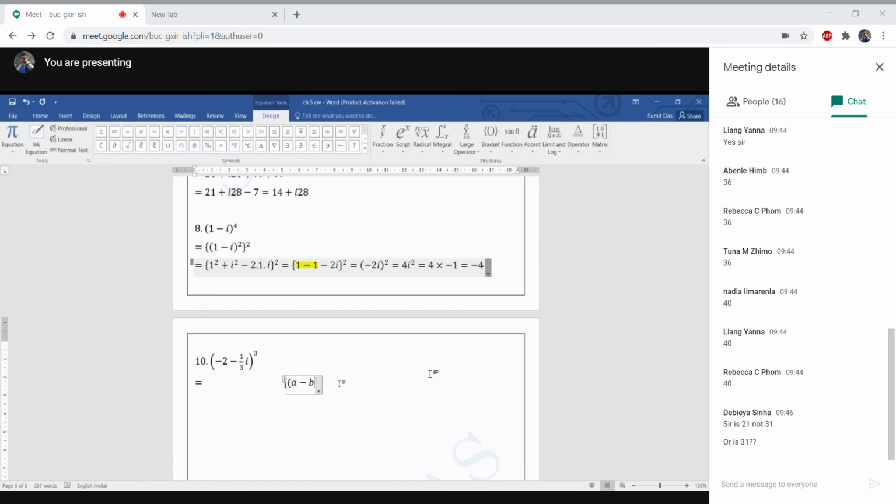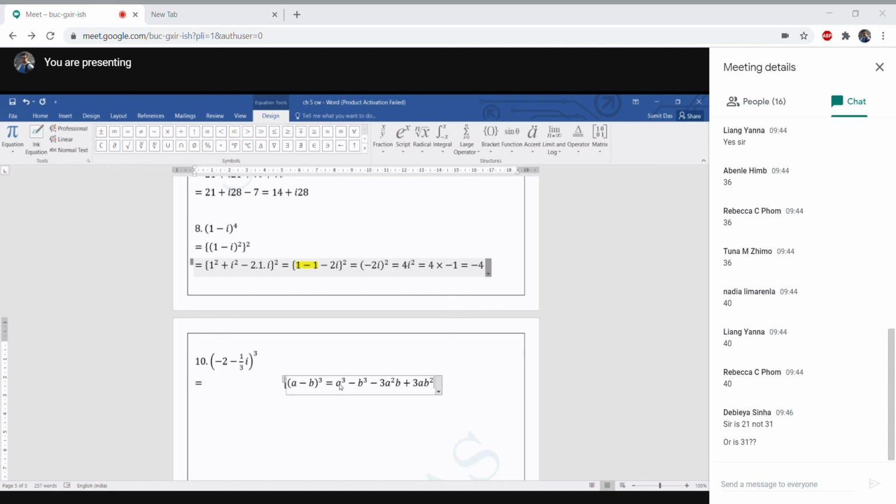The (a minus b) whole cube formula is a cube minus b cube minus 3a square b plus 3ab square, right? This is the (a minus b) whole cube formula.